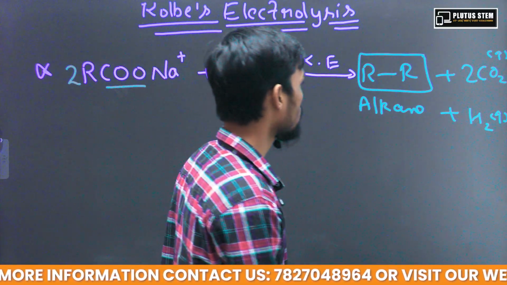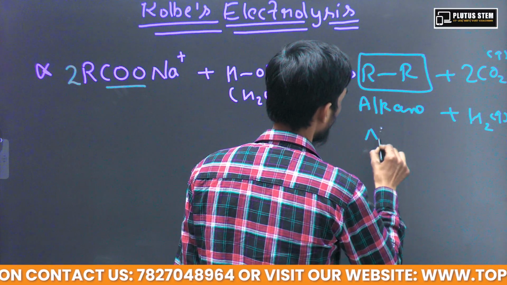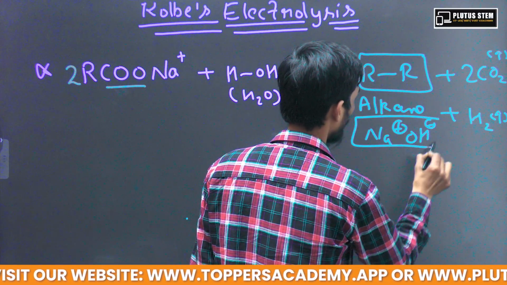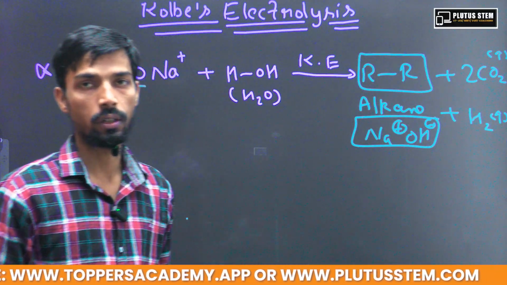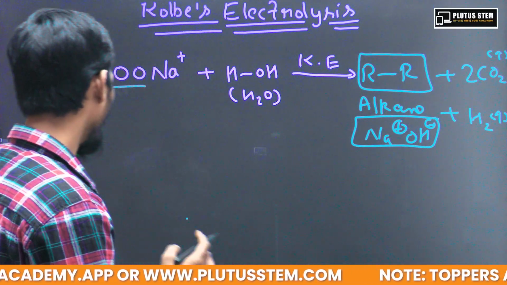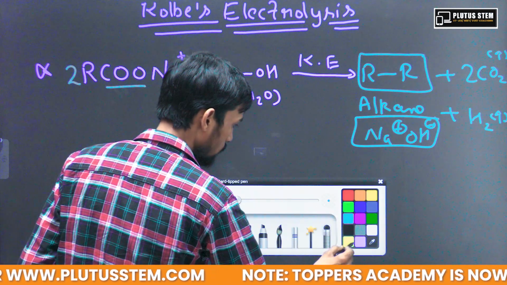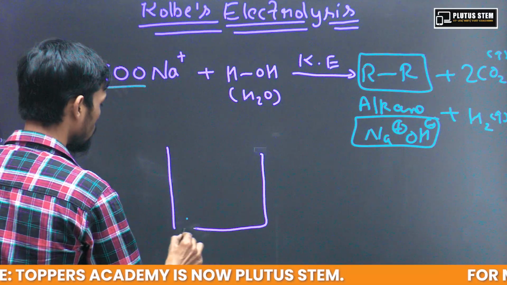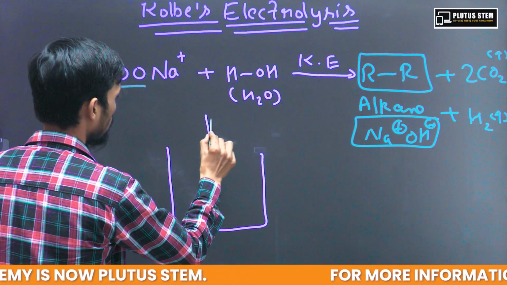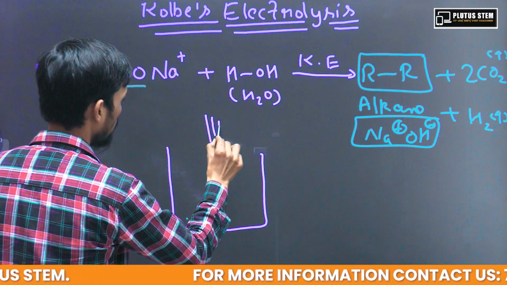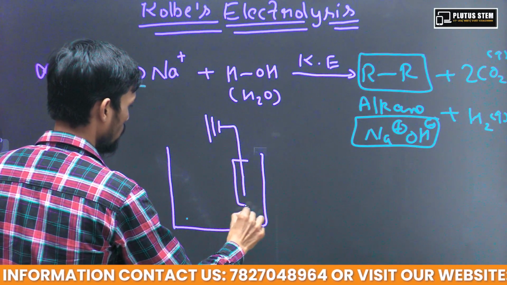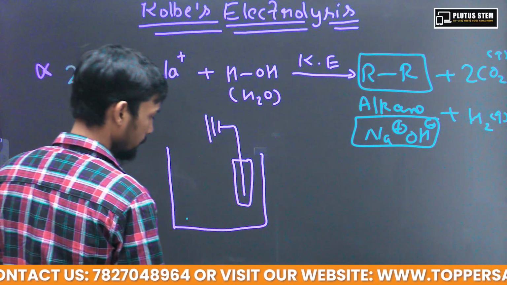And these Na positive and OH negative are the salt which are going to remain in the solution. So basically, if you see a schematic diagram of this, generally we take a battery like this. Let's say this is our electrode.